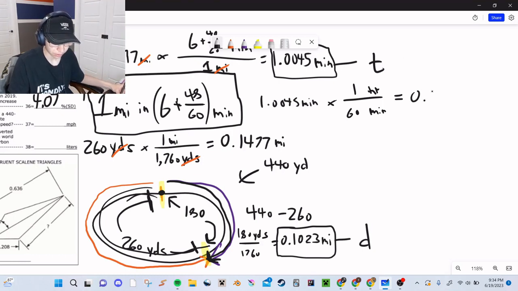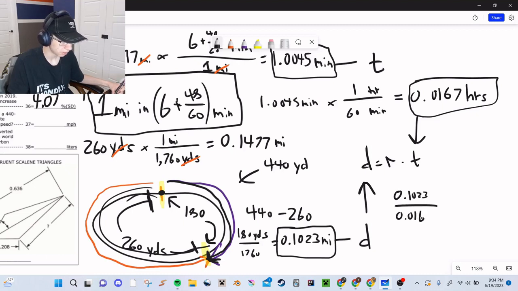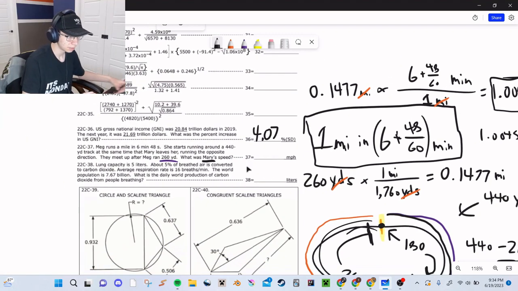This is 0.0167 hours. So distance equals rate times time. That's our time, that's our distance. So we're going to do this distance divided by this time. Which gets us 6.11 miles per hour as Mary's speed.